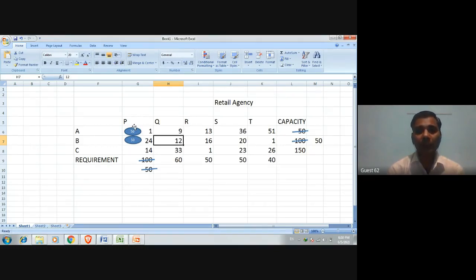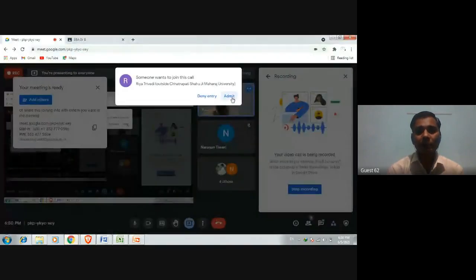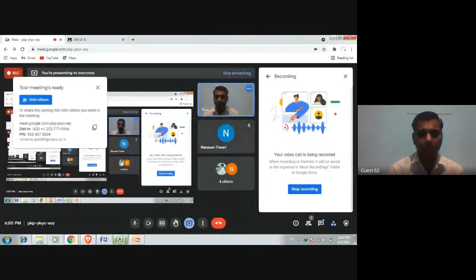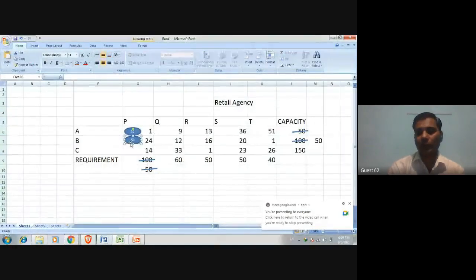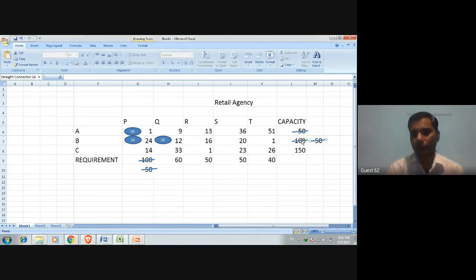So we will allocate 50 units to the retail agency Q. We have allocated this. Now the capacity of warehouse B has been over now. So we will cross it. I have crossed this column or these units.